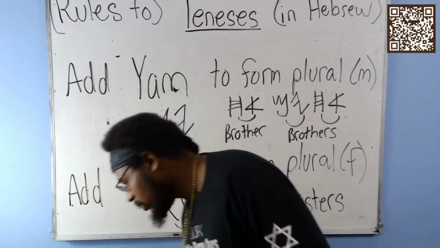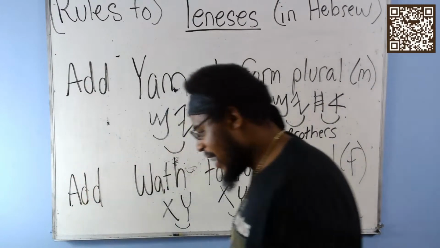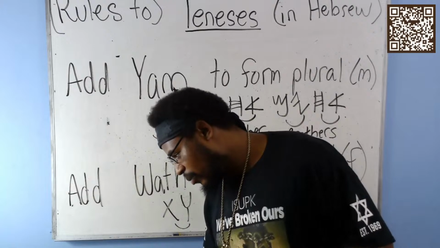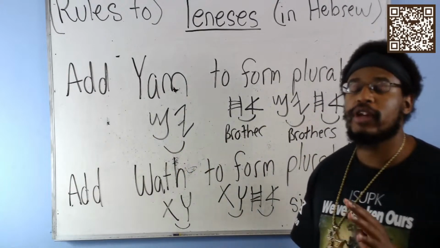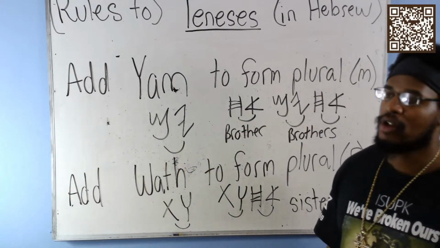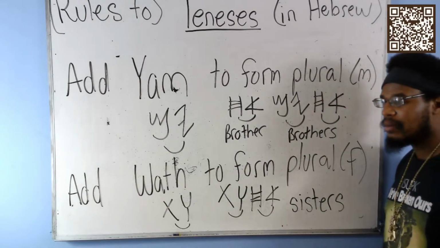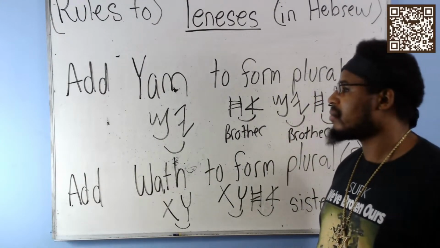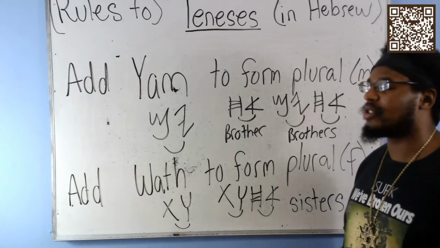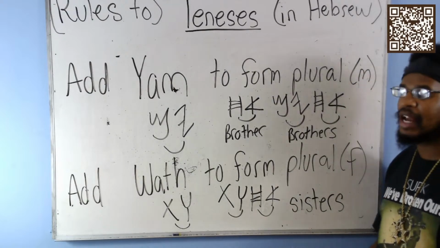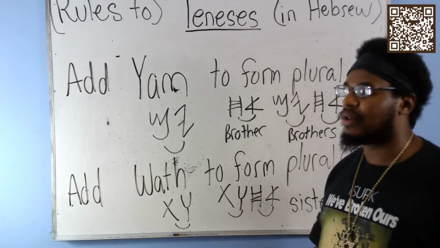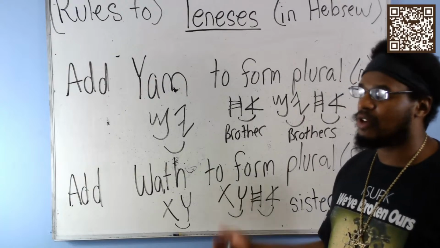So now, also, an adjective must agree in number as well as in gender with the noun that it modifies. So if you have an adjective like tawab, you gotta agree with the noun that it modifies.